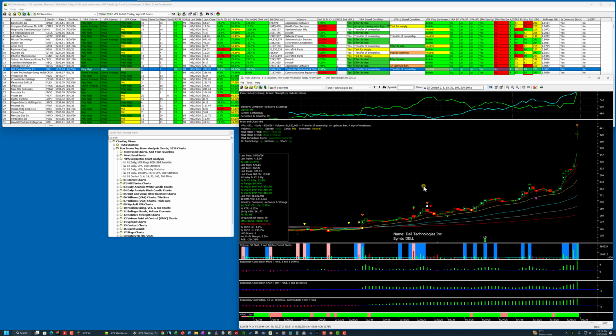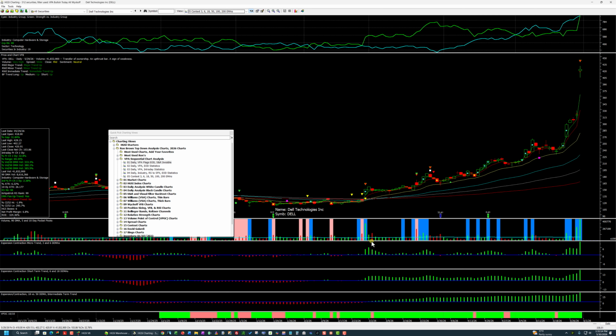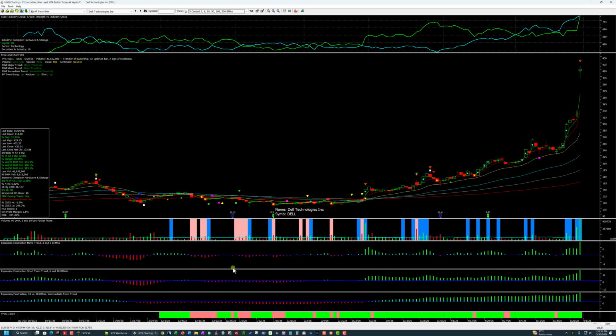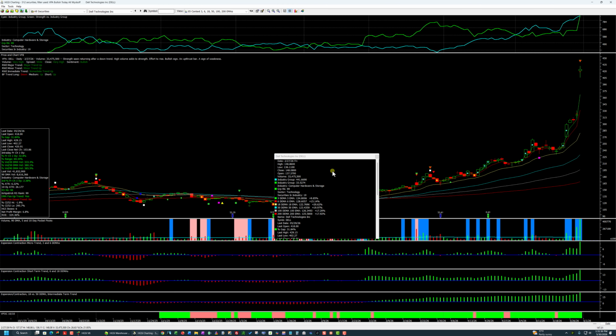Now this fan, I'm going to make this full screen. Look at this long basing period here where it was doing nothing. It was actually below the moving averages, and that was the first breakout above it was clear back here. And what was the closing price that day? That was February 27th.